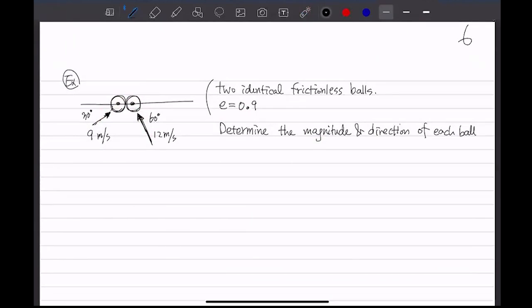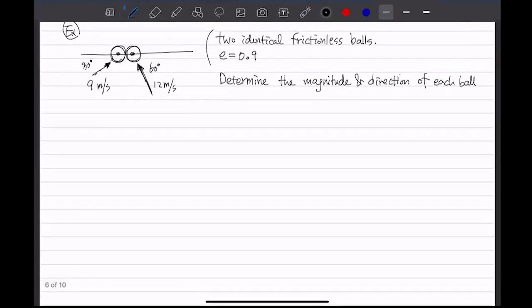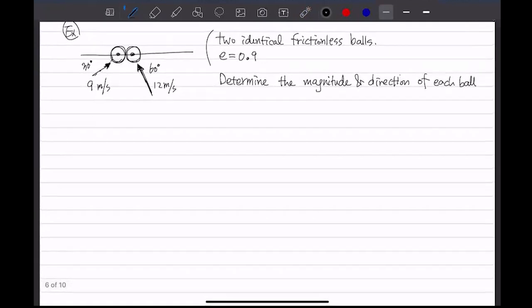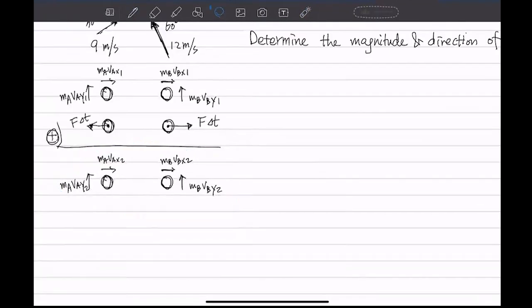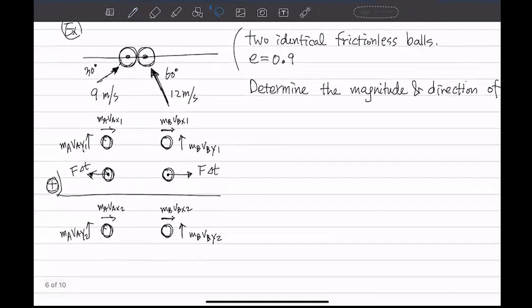Okay, so maybe we can draw a diagram, something like this. Well, things are getting complicated, right? We have more particles coming in and more times, but let's try to make this as simple as possible.